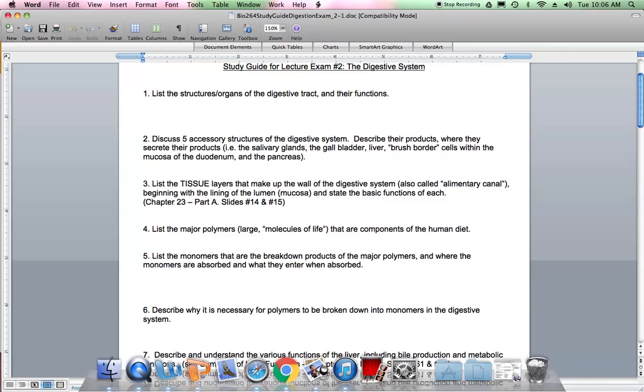Like with proteins, the breakdown process starts in the stomach with pepsin, and then the polypeptide fragments will travel into the duodenum, and there are several proteases, enzymes, that will completely break down the polypeptides, remember the strands of amino acids, into individual amino acids so that they can be absorbed.